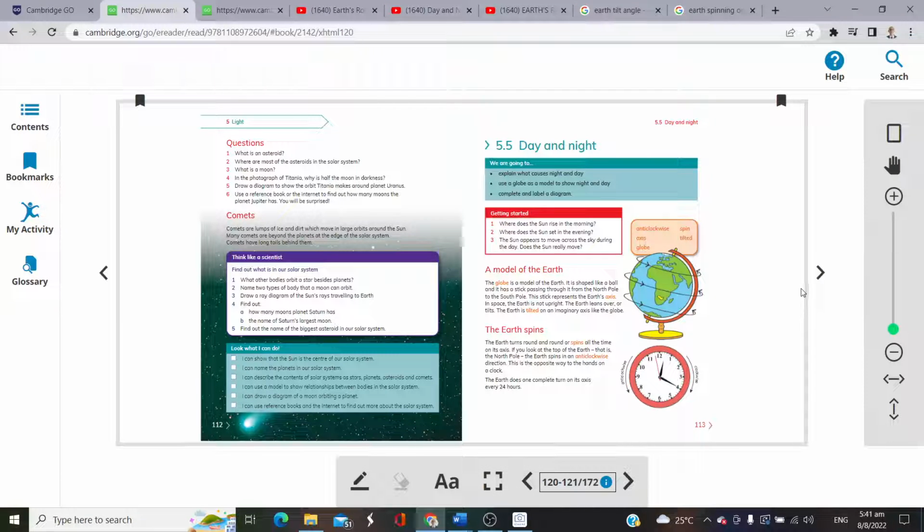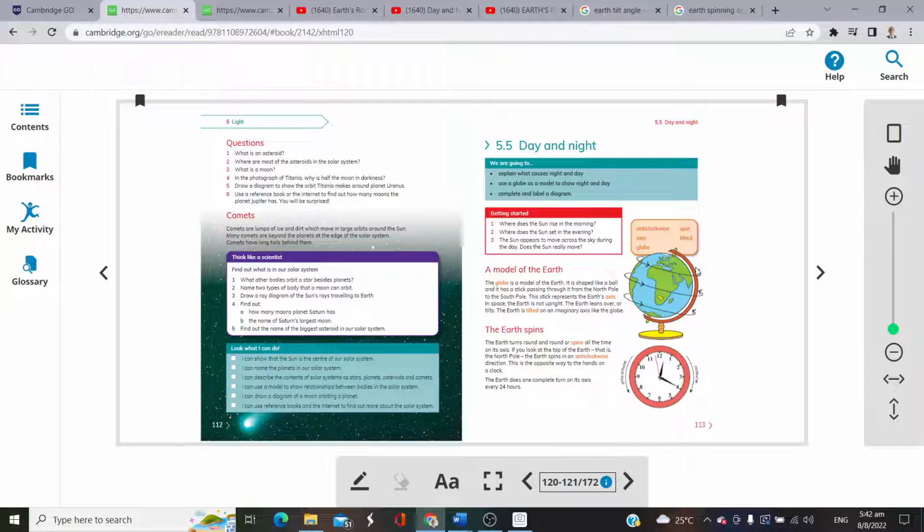So let's see here, 113 here, the model of the Earth. Can you see the globe here? Okay, this is the globe. A lot of things you need to have your imagination running, because we cannot see the Earth right now, you can only see what is in front of you.